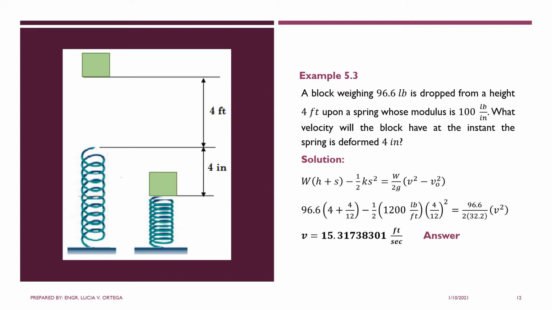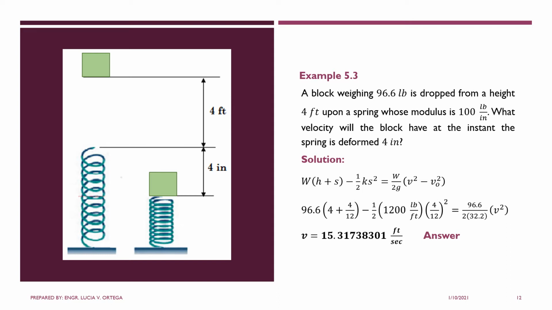Minus the resistance of the spring, 1/2 Ks squared, is equal to the change in kinetic energy. So the weight is 96.6 multiplied by 4 feet plus 4 inches, divided by 12 to convert to feet, minus 1/2 times K, 1,200. Why is it 1,200? It's 100.